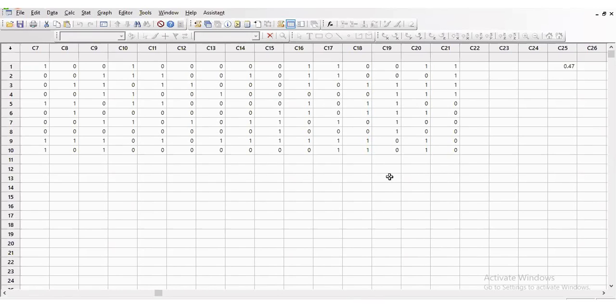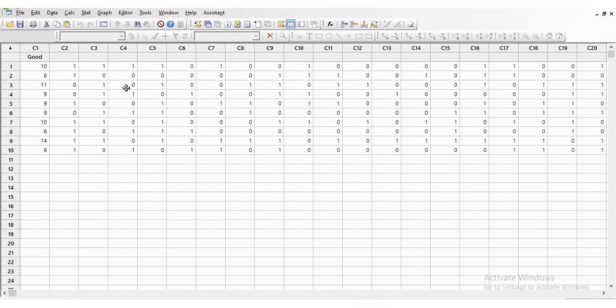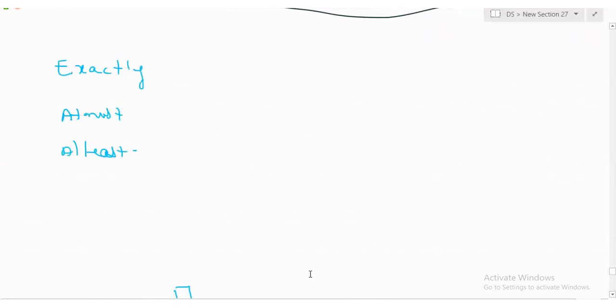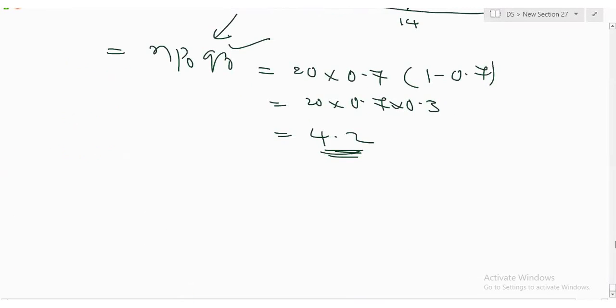In this example, good apples per day and good apples for 365 days are two binomial random variables, right? My random variable is the total number of good apples sold in a day. Let me write it. X is what? Let me be specific.